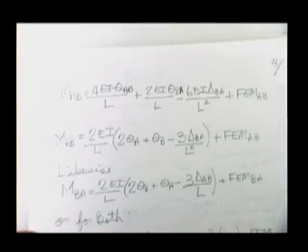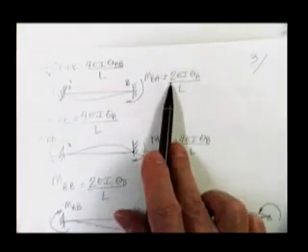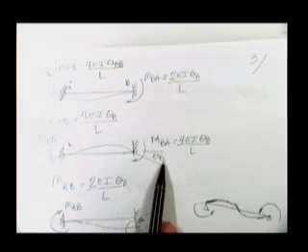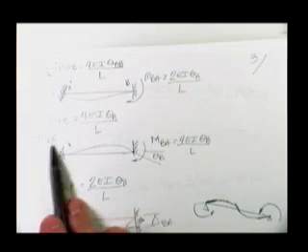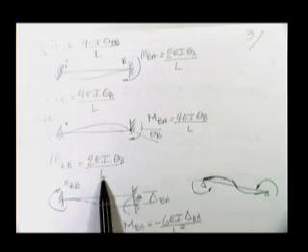How much moment you caused on the other end was half. It actually looks this way. In other words, if you put some theta sub B on this end, you caused some moment on this end, which is 2EI theta B over L.